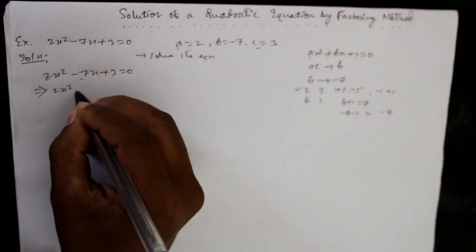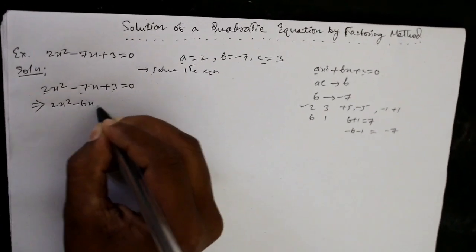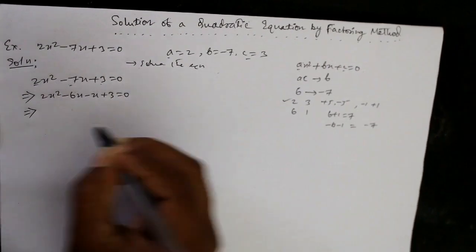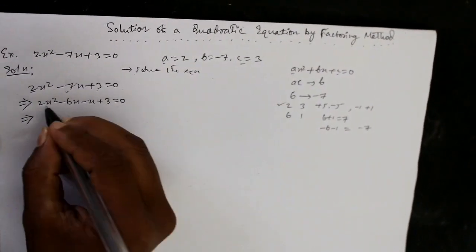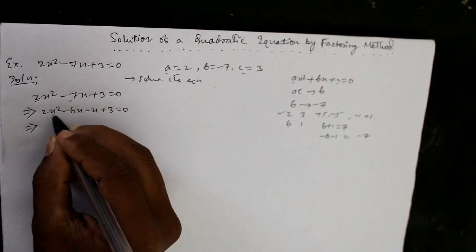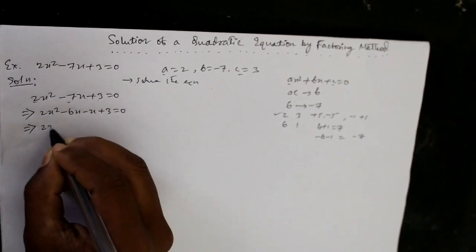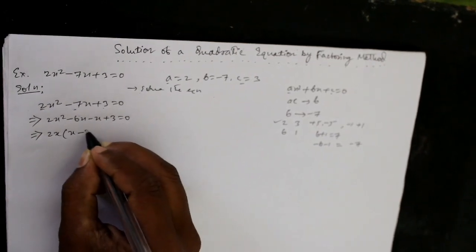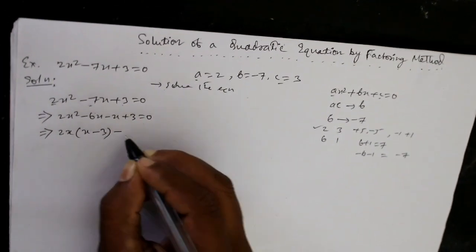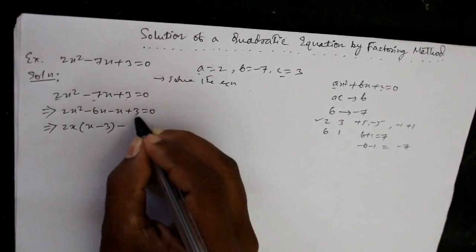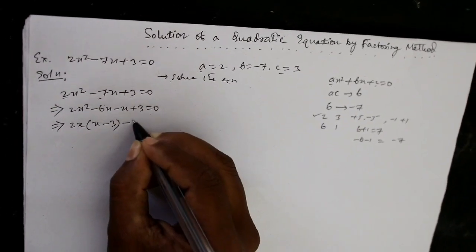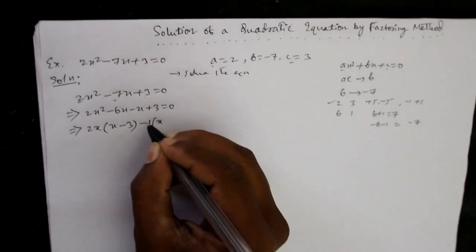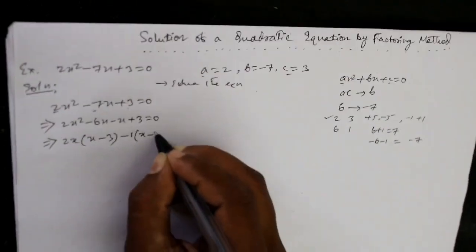Then the equation becomes 2x squared minus 6x minus x plus 3 is equal to 0. Now we can take 2x common from 2x squared and 6x to get 2x into (x minus 3), and we can take minus 1 common from minus x and 3 to get minus 1 into (x minus 3).